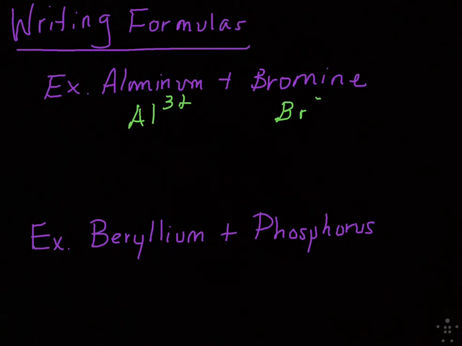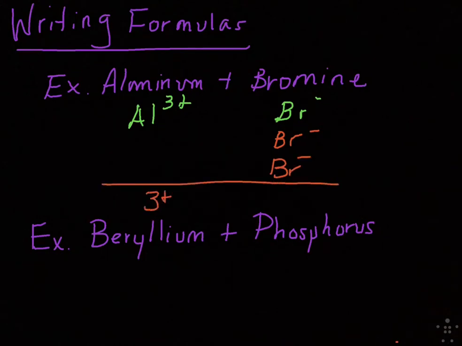So now all you have to do is figure out how to balance those charges, because remember, once the positives cancel out the negatives, you know you're right. So right now I have 3 positives but only 1 negative. So what I'm going to do is start adding negatives until they're balanced. So now, if I total them up, I've got 3+ here and 3- here, so I know I'm right.